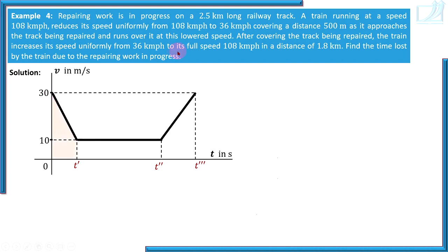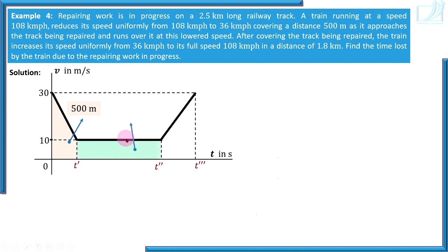During its decelerated motion, the train covers a distance of 500 meters. Then with uniform velocity 10 meters per second, the train covers this distance, 2.5 kilometers. So the train moves with its lowered speed on the track where repairing is in progress, that is 2500 meters.